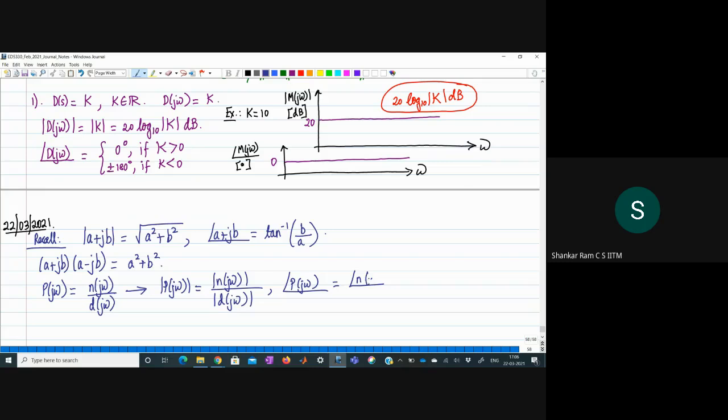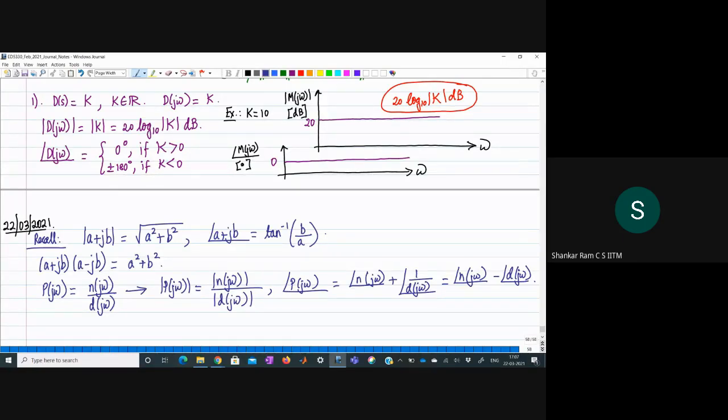There are multiple ways of writing the same thing: the phase of N of j omega plus the phase of 1 by D of j omega is the same as the phase of N of j omega minus the phase of D of j omega.